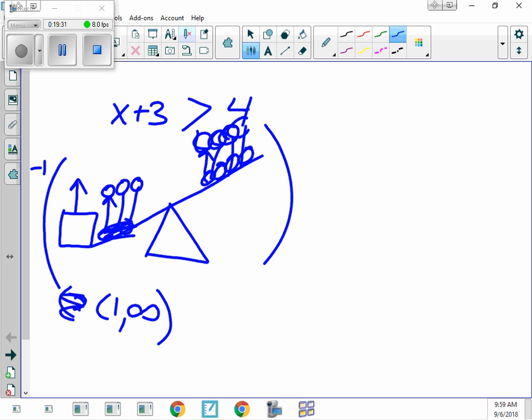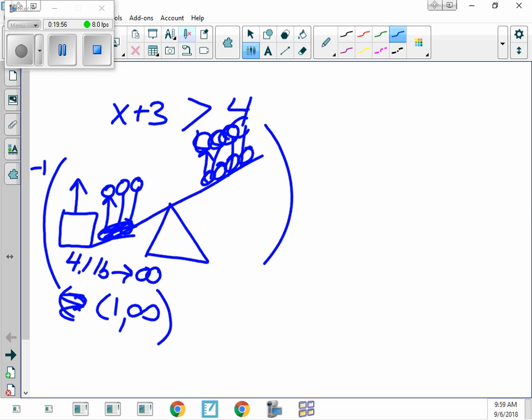Which side is pushing harder? The left side is, right? It used to be, this side was anywhere from 4.1 pounds to infinity. Okay? So in the original problem, the left side is pushing down harder than the right side.